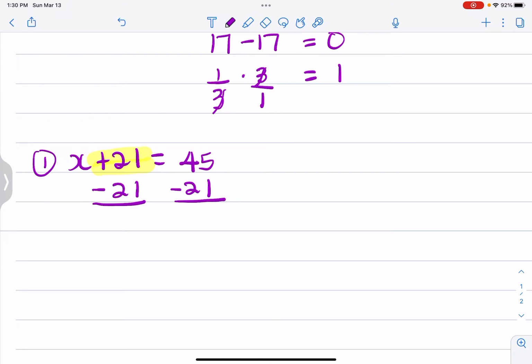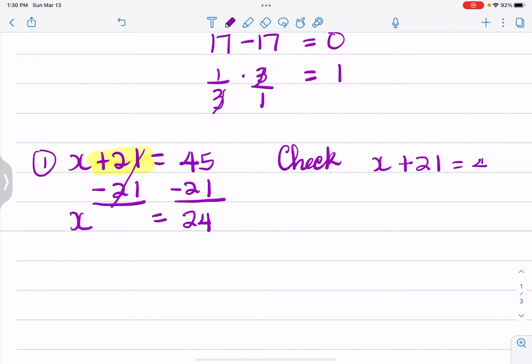Positive 21 minus 21 will give me a 0 pair. X is going to be equal to 45 minus 21, which is 24. We have to check to make sure that our answer is correct. Write back your original equation, and then we're going to substitute our answer.